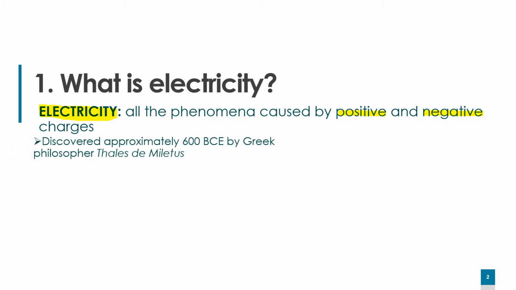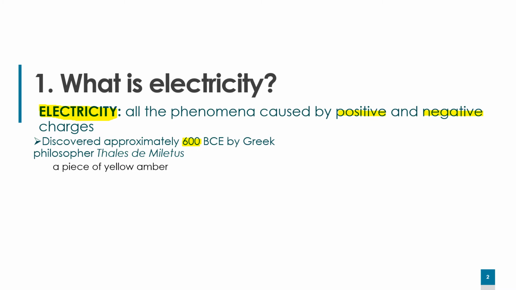This electricity, it's not new, okay? Actually, it was discovered a long time ago by the Greek philosopher Thales of Miletus, about 600 years before the Christ era. So it's a long time ago. Which experiment did he do?